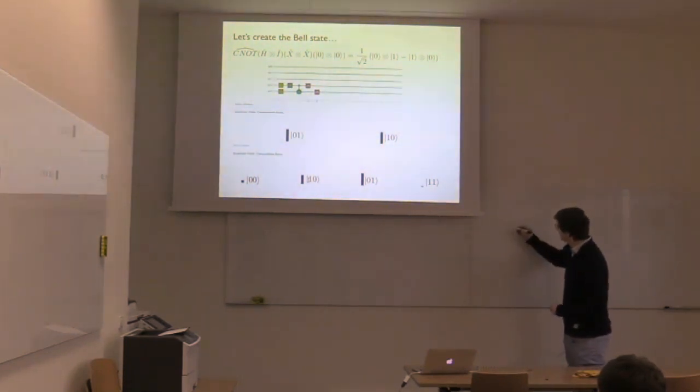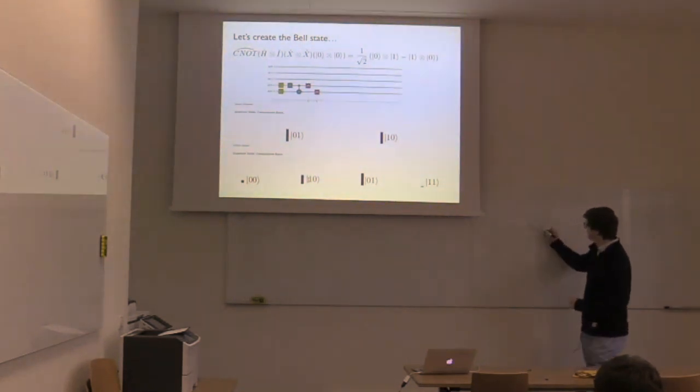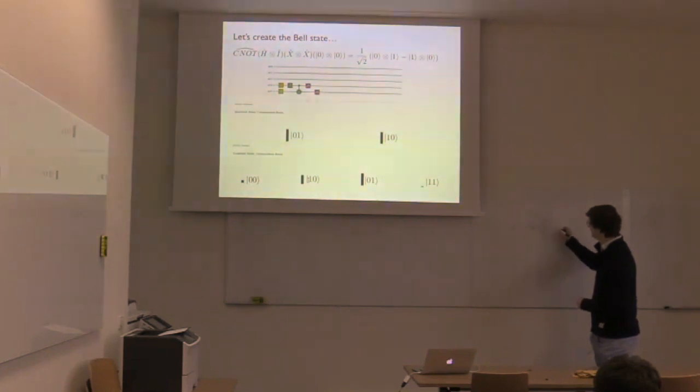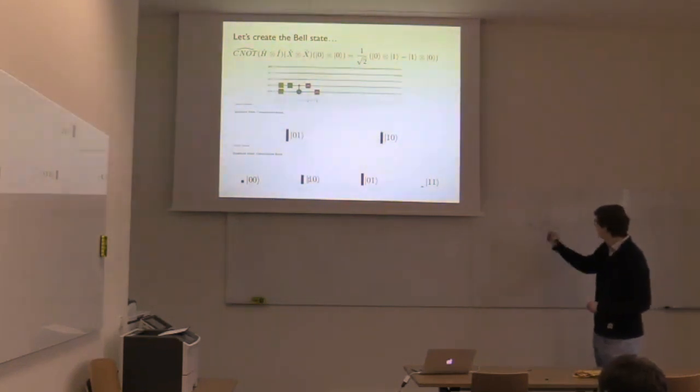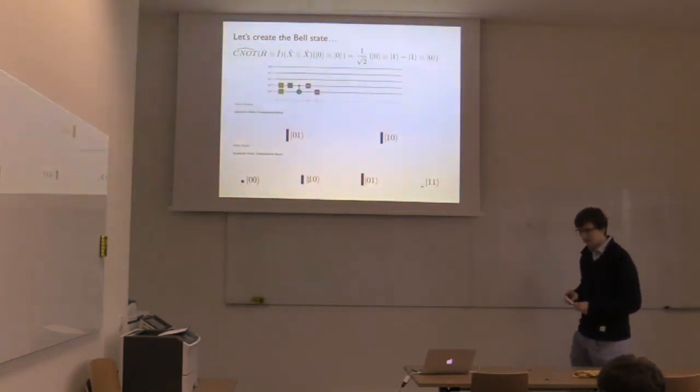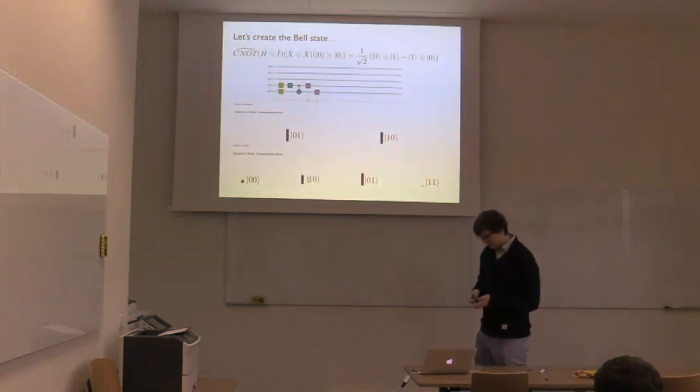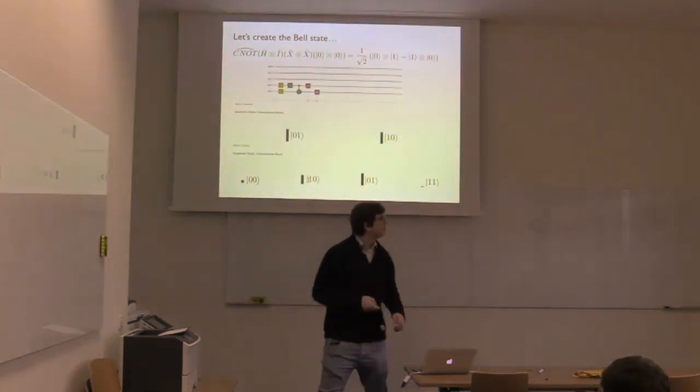If you have 0, the Hadamard transforms your state into the following superposition. If you have a 1 here, there is a minus here, okay? So this is an example of the 1-qubit gate.